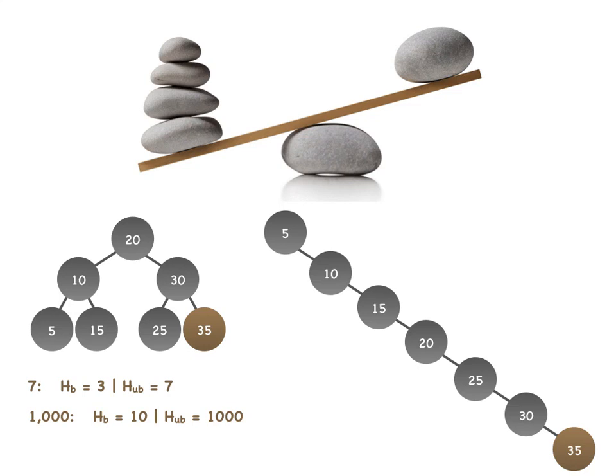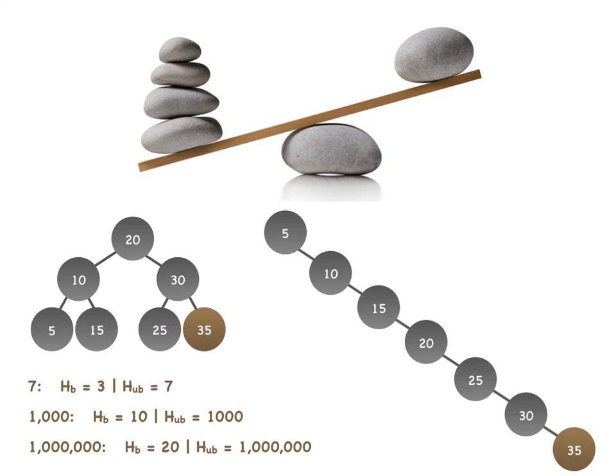And now let's extrapolate that to 1,000,000 nodes. A completely balanced tree storing 1,000,000 nodes would still just have a height of 20, whereas a completely unbalanced tree storing 1,000,000 nodes has a height of 1,000,000, giving us a height difference of almost 1,000,000 comparisons. And once again, we're talking about two trees that store the exact same amount of data, with one taking much, much longer than the other.